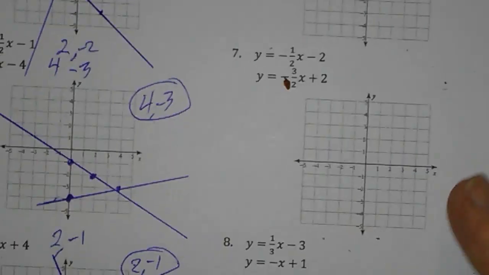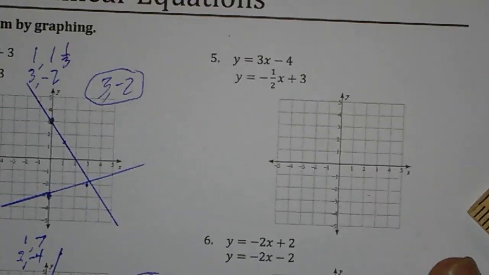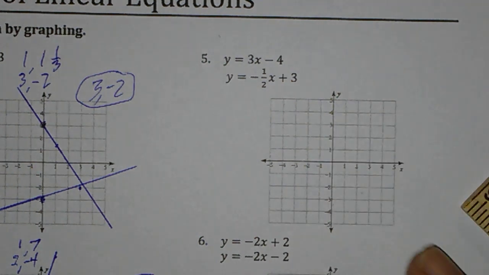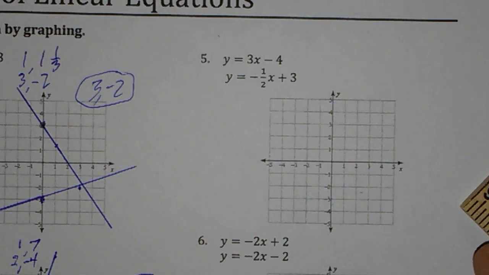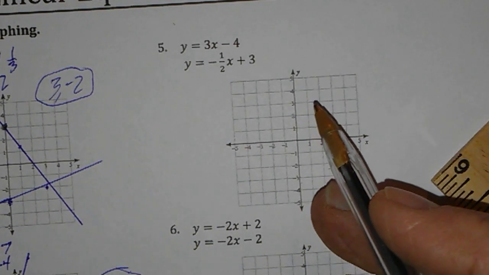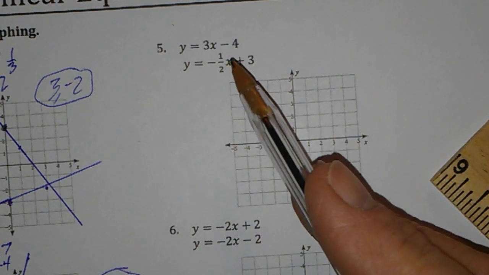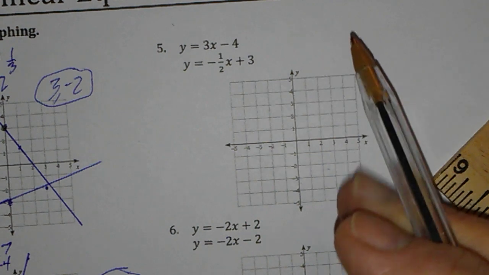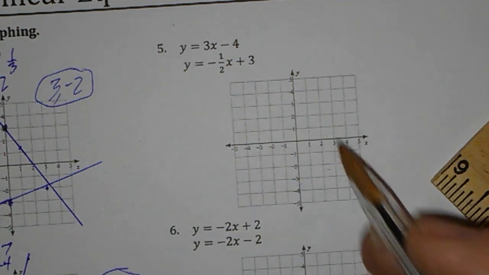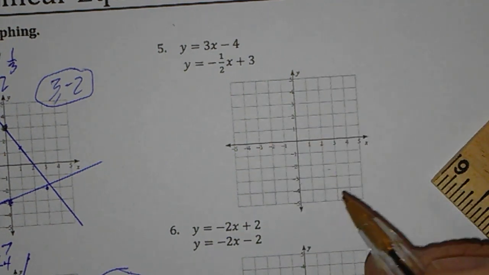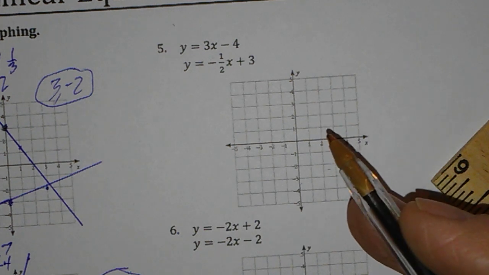Okay, I'm not going to go on. You guys can try these on your own by graphing and finding the point of intersection. Now, if you were given a problem like this, however, I would imagine on the test, where it gave you 2 equations and says, what's the point of intersection? I don't think you're going to graph them. Now, they might show you a picture of a graph, and you have to say where the point of intersection is.